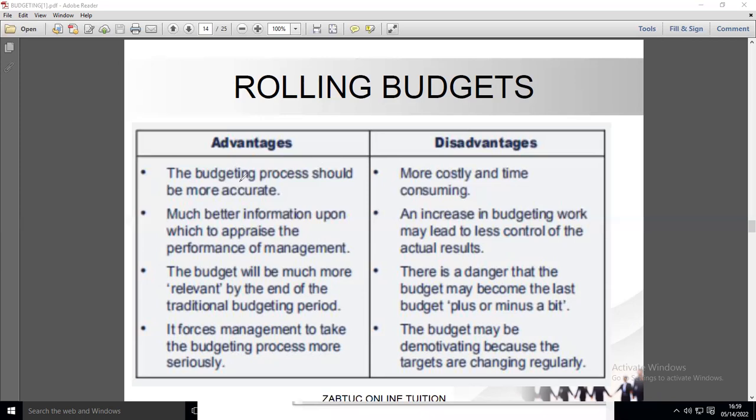Budgets are going to be much more accurate, giving much better information upon which to appraise the performance of management. Why? Because we have what we call up-to-date budgets.